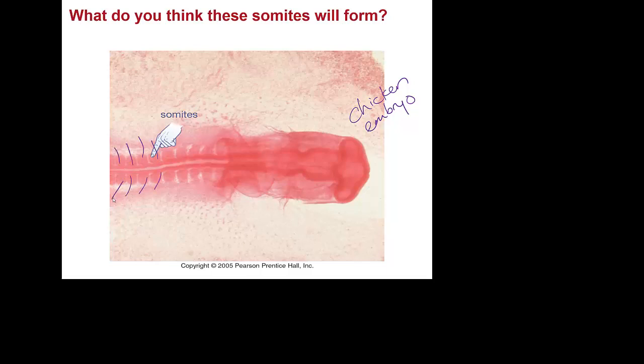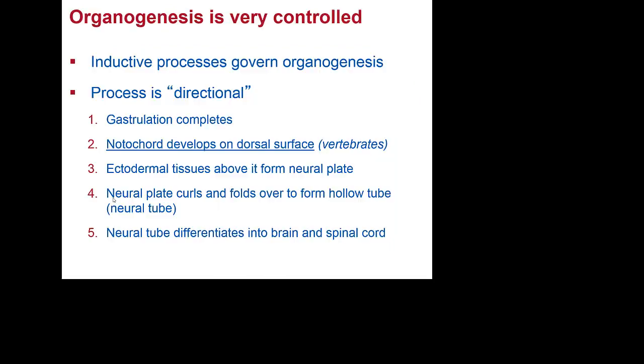What do you think they're going to become? Those somites we'll come back to and look at in a little bit, but those pairings make us think of potentially ribs.